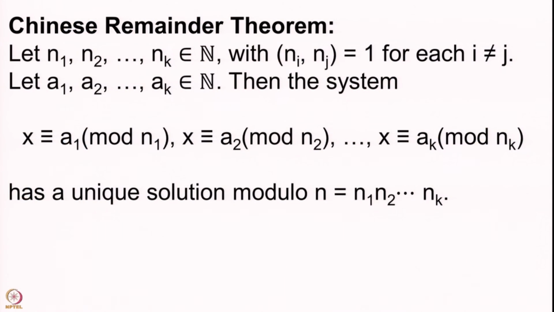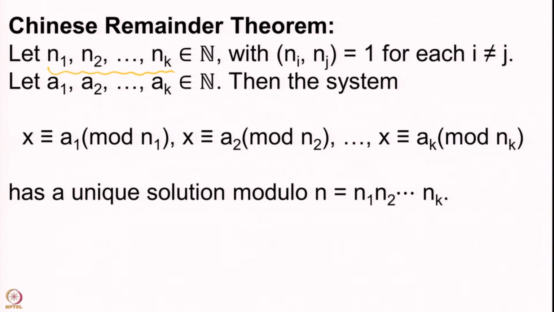So, let us see the statement of this result. This is called the Chinese remainder theorem. The statement says that we start with any k natural numbers n1, n2 up to nk, and so there is no restriction on what k can be.